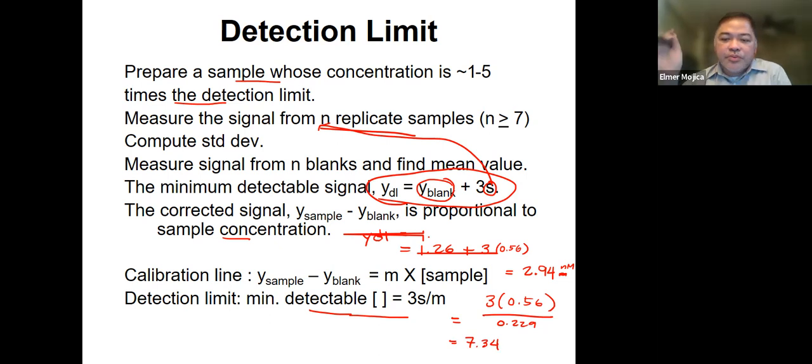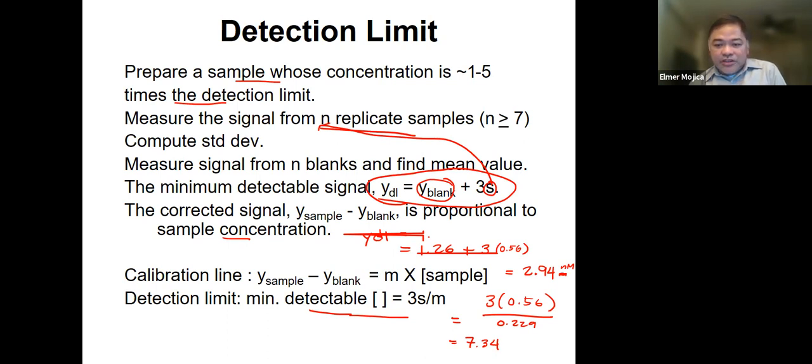So, sa 2.94, you will have signal. Okay? So that's the minimum concentration for you to have a signal. Now, at 7.34, okay, that's the lowest concentration that you can detect.